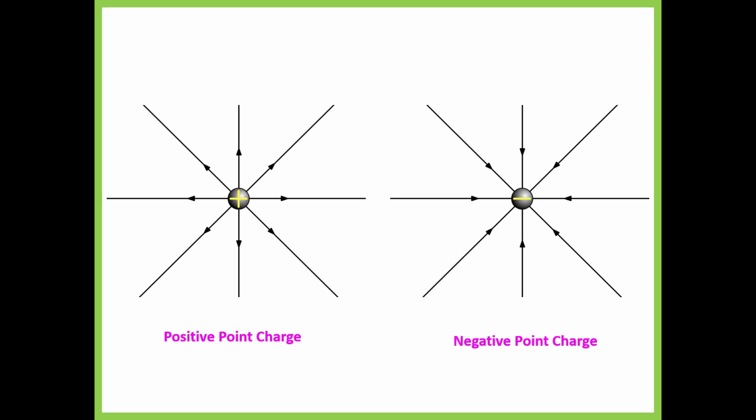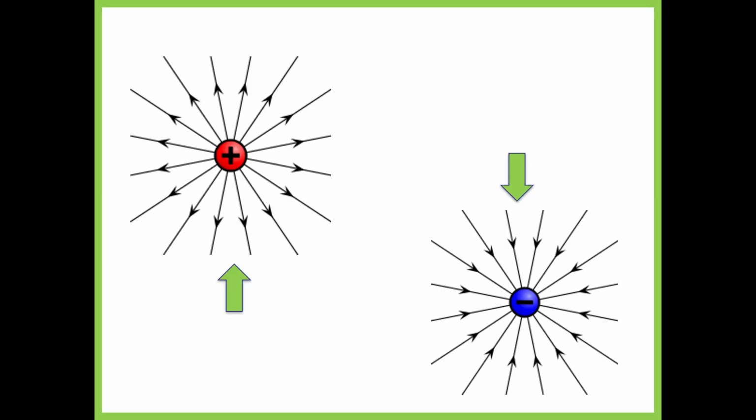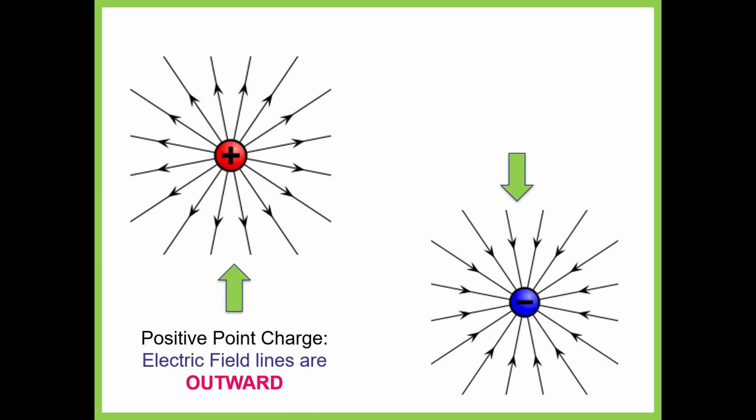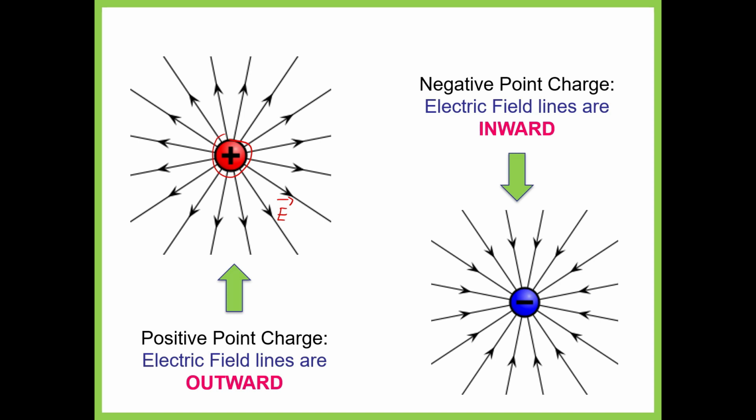In order to know the direction of electric field produced by these 2 point charges, positive and negative, that direction of force is taken to be the direction of electric field produced by the point charge. Then we have the outward direction of electric field for positive charge and the inward direction for electric field for the negative charge.